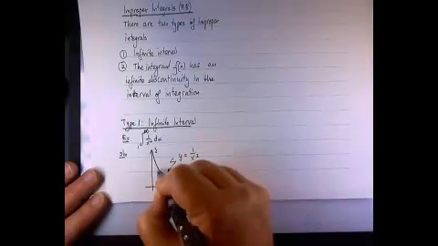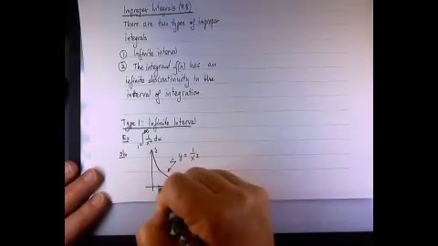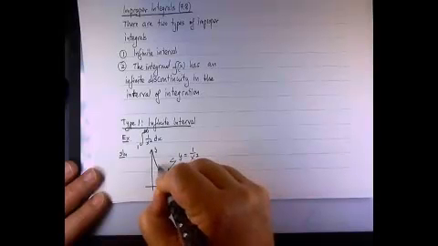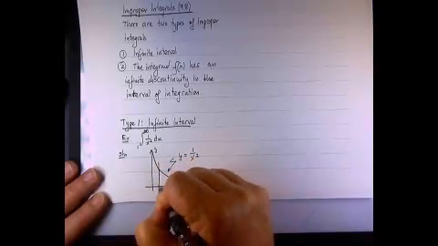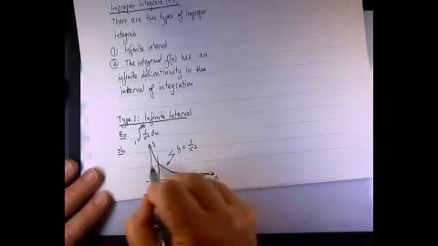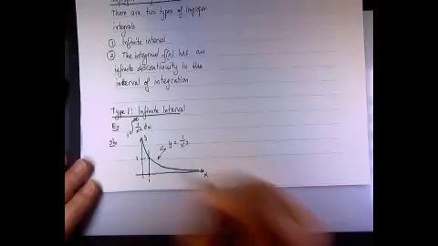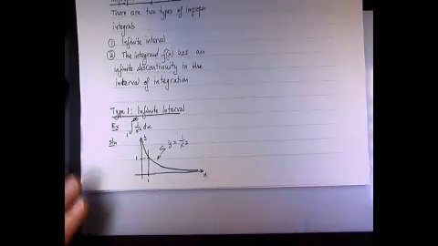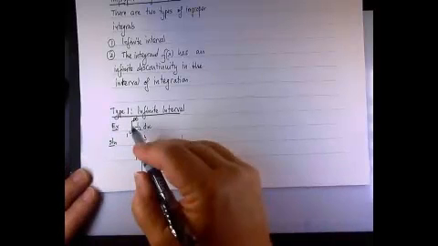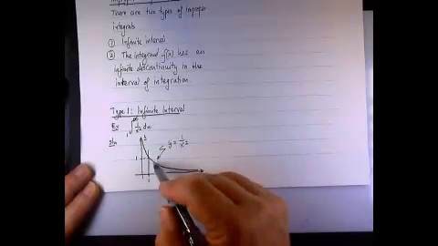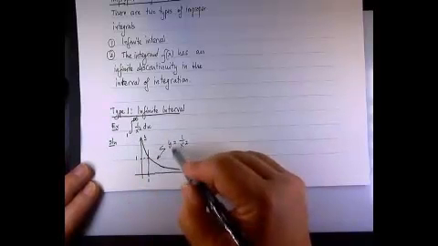So here's the function y equals 1 over x squared. When x equals 1, which is the left boundary, then y equals 1 over 1 squared, which is 1.